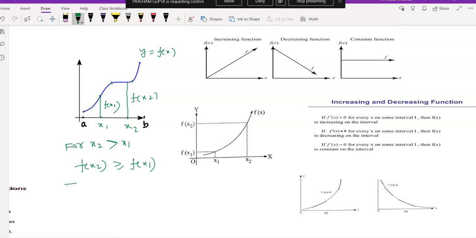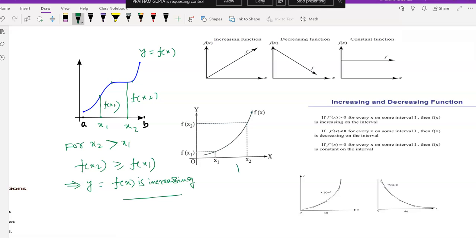The function y equal to f(x) is increasing in the interval x1 to x2. Maybe the equal to sign is occurring, but if you look at this graph, you'll never get f(x2) equal to f(x1).